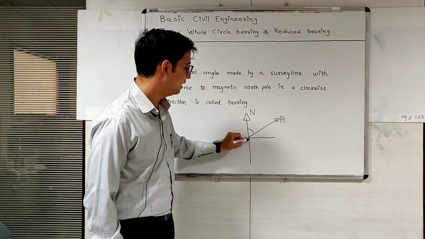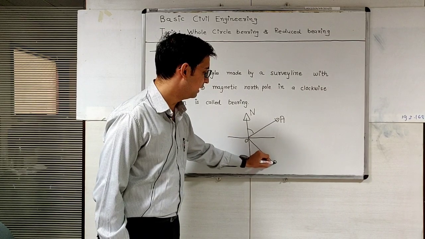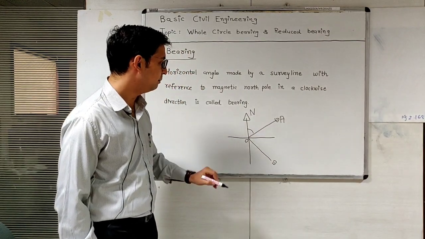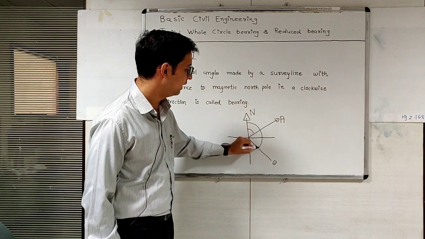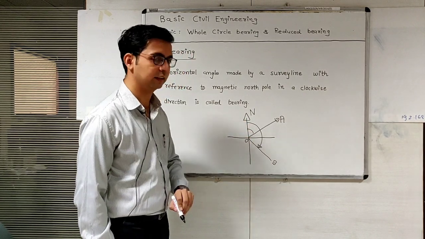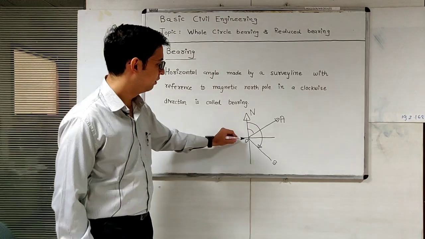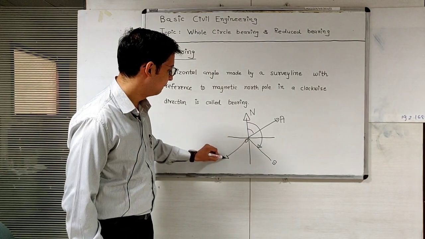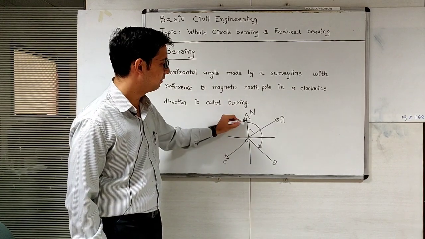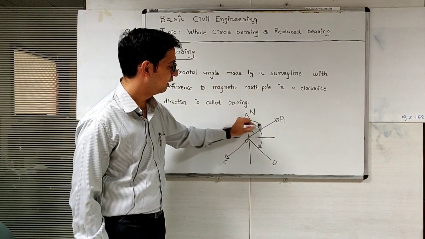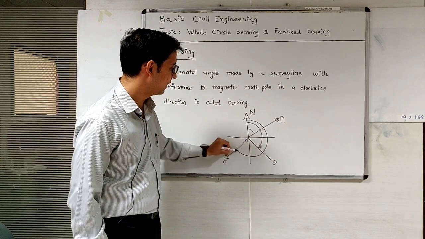Likewise for the OB survey line, bearing will be the angle made with respect to magnetic north in clockwise direction. Likewise for the OC survey line, bearing is made with reference to the magnetic north pole in clockwise direction.